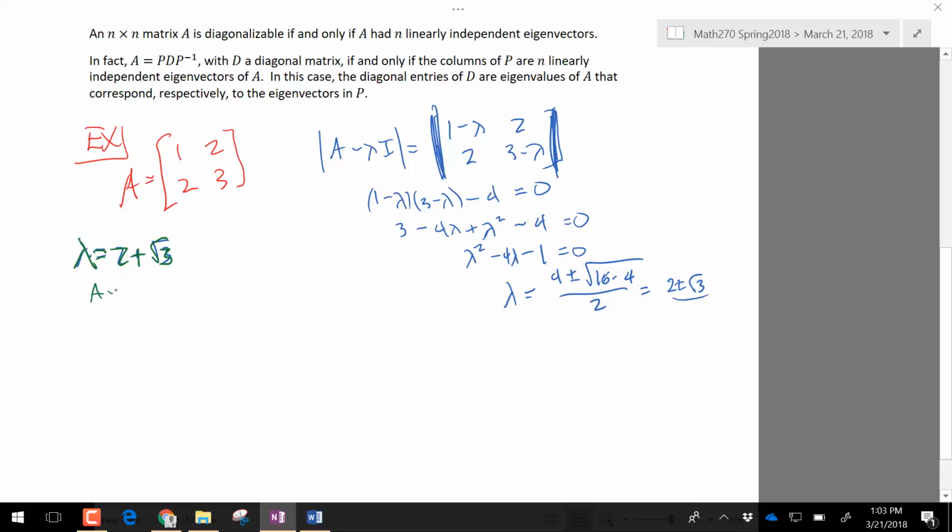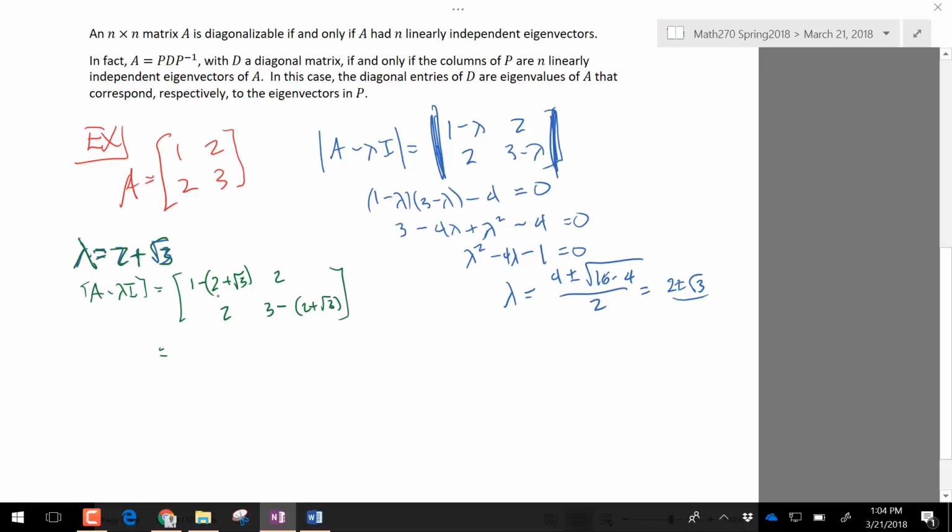So A minus lambda I is your matrix. So 1 minus lambda, so that's 1 minus 2 plus root 3. 2, 2, and then 3 minus lambda, where lambda is equal to 2 plus root 3.